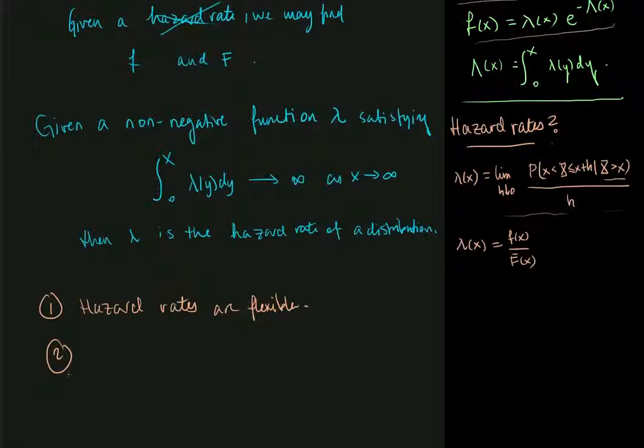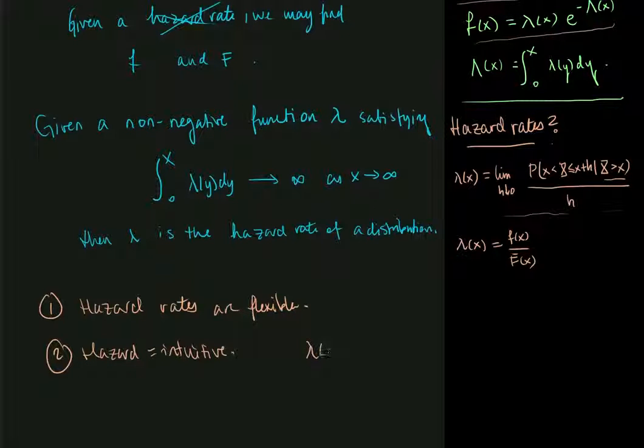Now number two, the hazard rate is a lot more intuitive than a density. If you read section 2.5 in the book, you will understand what I mean, especially in the sense that the hazard rate has a kind of relation to the mean excess function, which in the end yields the result that if a hazard rate is increasing, then you can expect the mean excess to be decreasing.